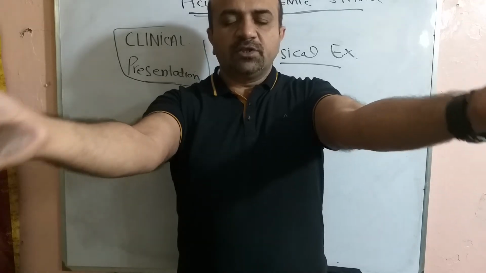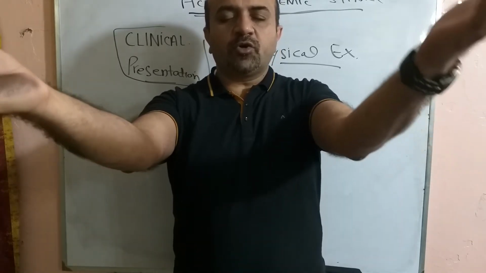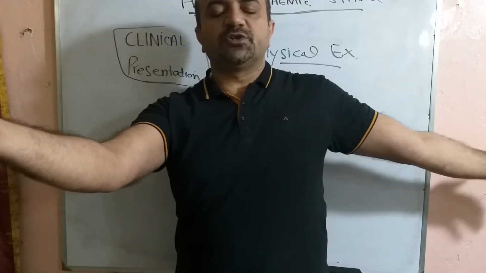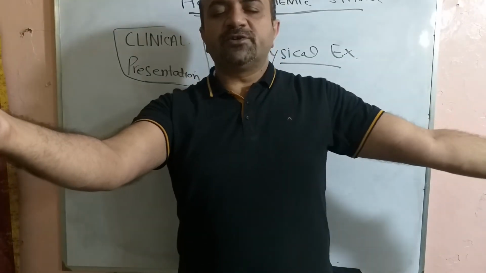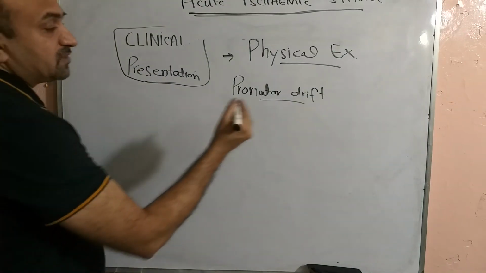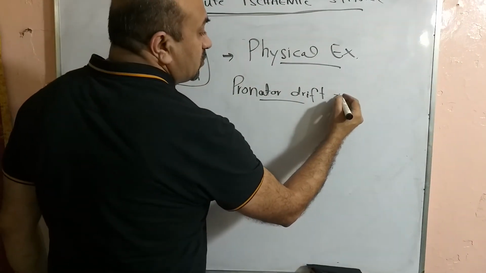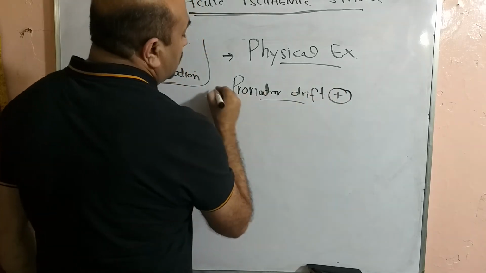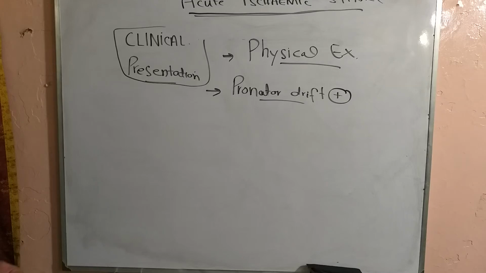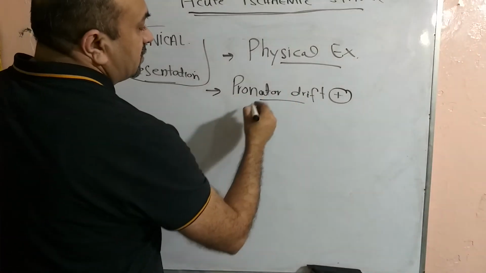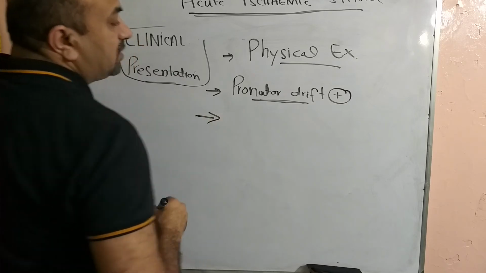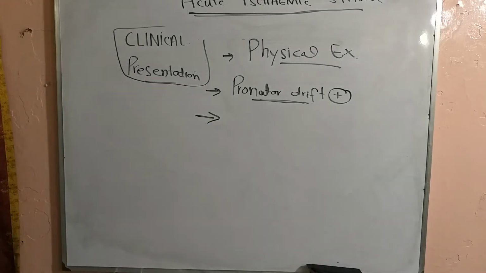In the affected limb, the patient will not be able to maintain it, and it will sway away from the central position. So this is known as a pronator drift, and if it is positive, there will be a very strong suspicion that the patient has got acute ischemia of the brain, because it shows the focal deficit.